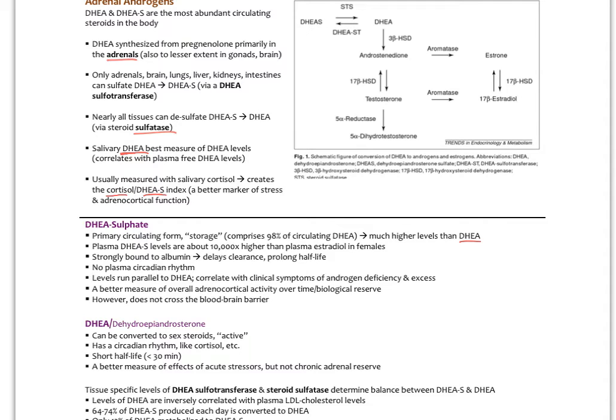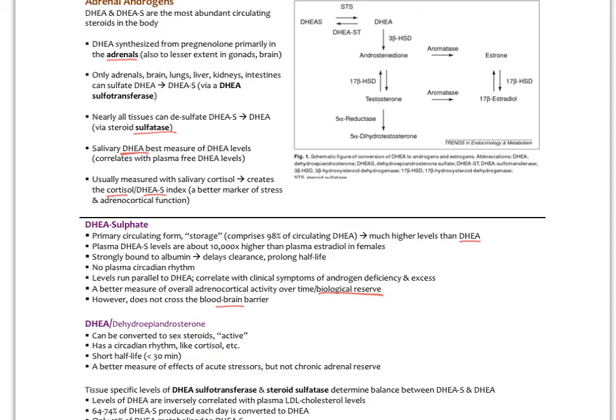Many researchers argue that DHEAS is actually a better measure of overall adrenal cortical activity over time. So it's a measure of what we call the biological reserve of the adrenals. DHEAS does not cross the blood-brain barrier, so it's going to stay in the plasma.